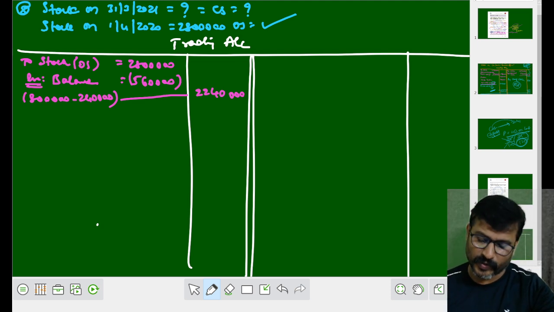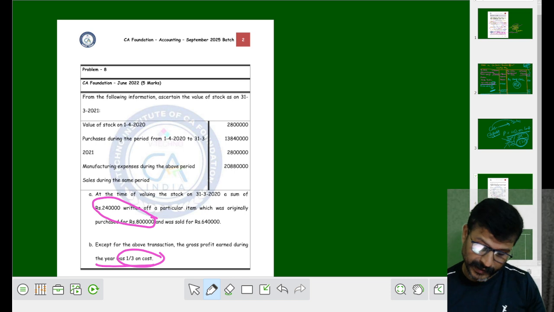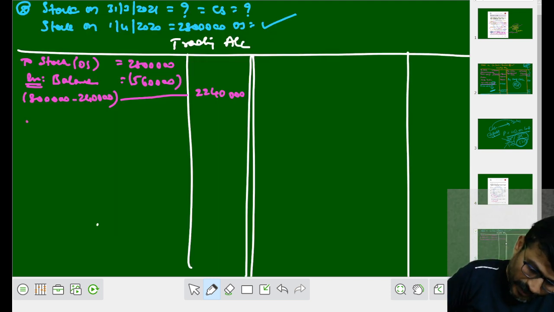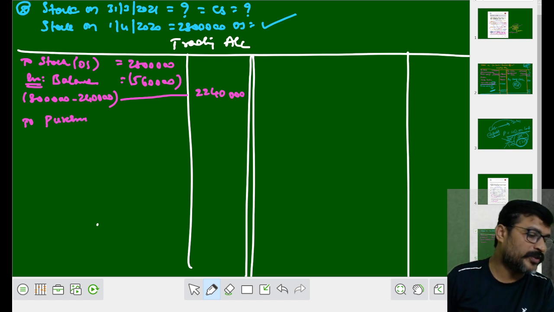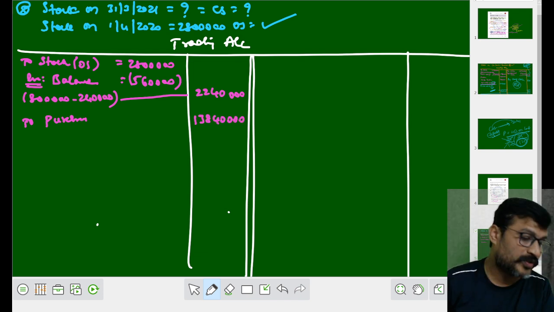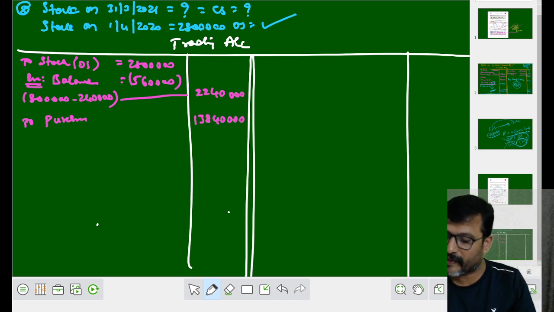It comes to rupees 22,40,000. Then next we have purchases, 1,38,40,000. Very big amount. How much is it? 1,38,40,000. A very big amount, my dear students.